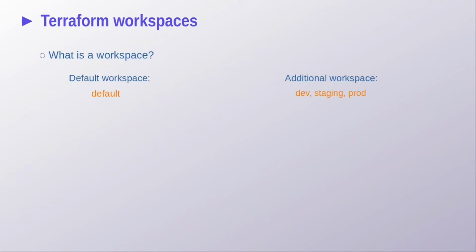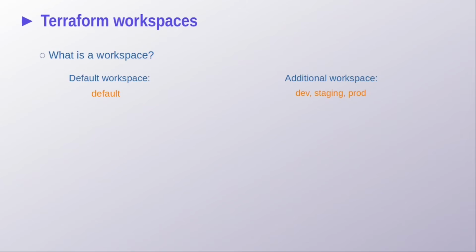Terraform workspace. Now let's slow down and understand: what exactly is a workspace? A workspace is Terraform's way of managing multiple state files within the same configuration. That is it, nothing more.